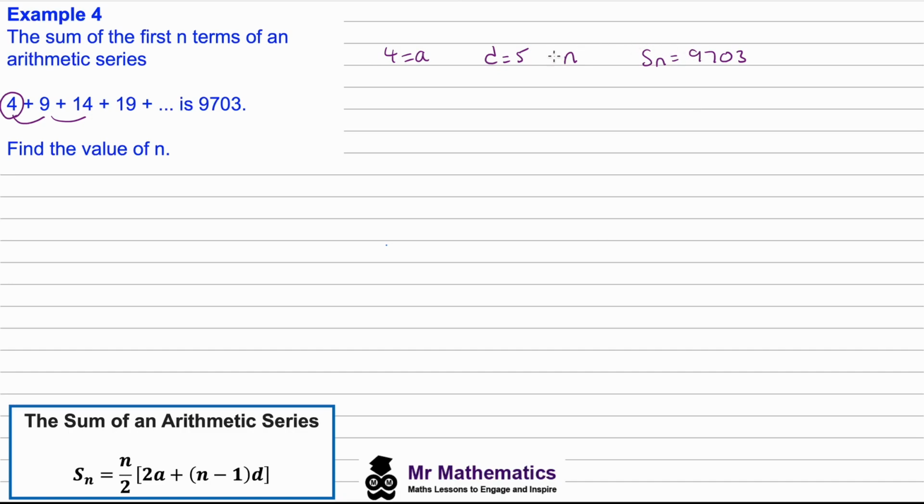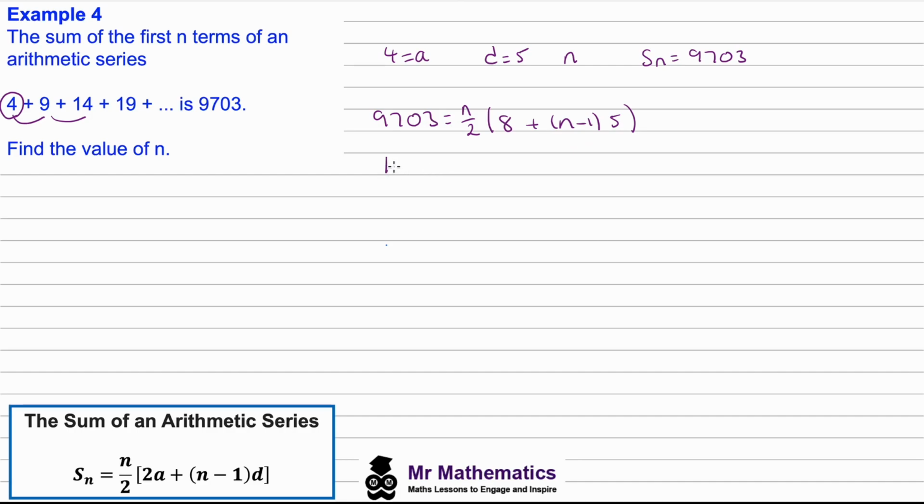So now we can substitute each of these three known values into our formula. So 9,703 will be n over 2 multiplied by 2 times 4, so 8, plus n minus 1 multiplied by d, which is 5. We can move this division of 2 to the left-hand side and multiply out these brackets.